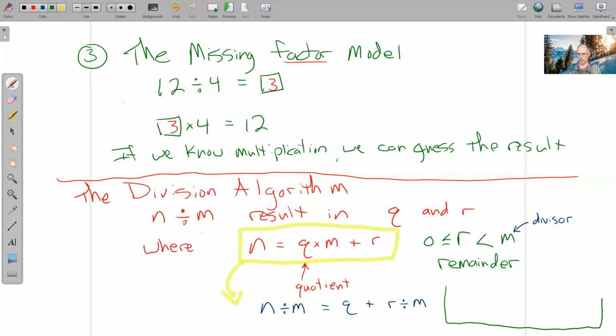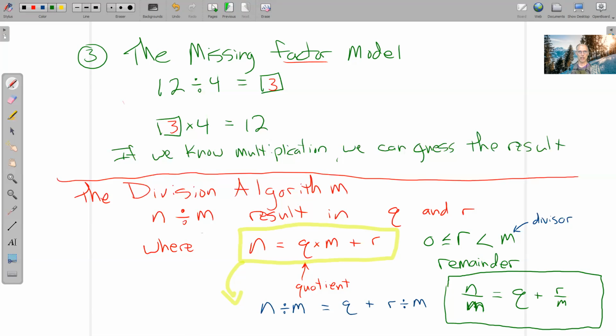And then the screen is going to get a little bit too busy. So if we write our division in fraction form, oops, there should be an m there. But typically it's written as it is in the yellow box here.